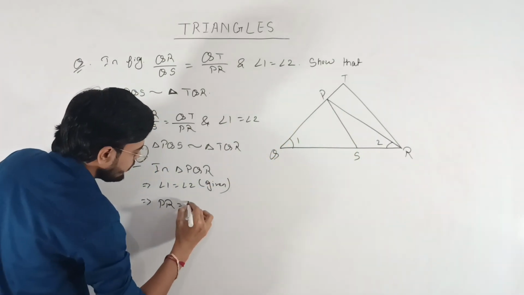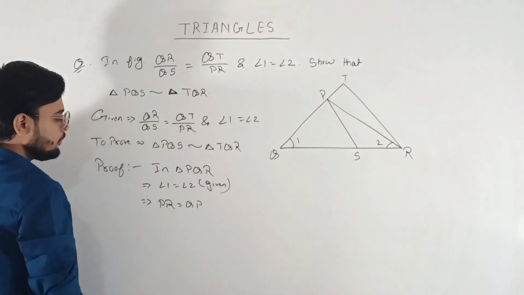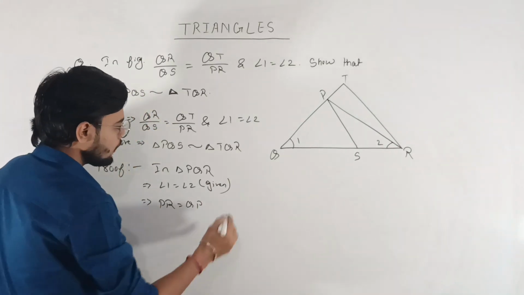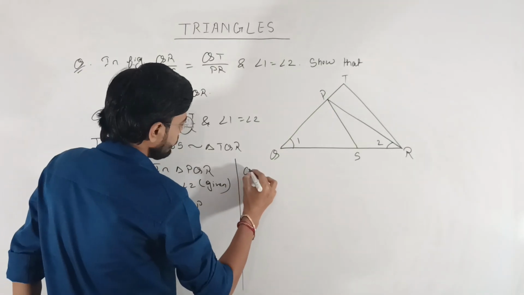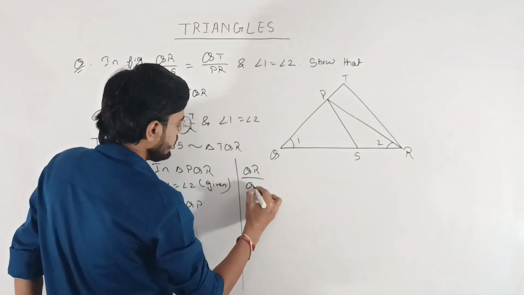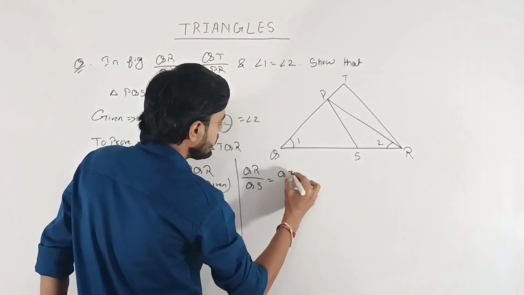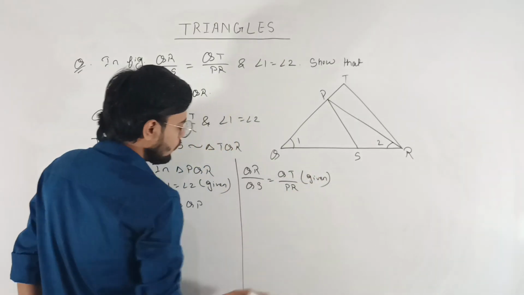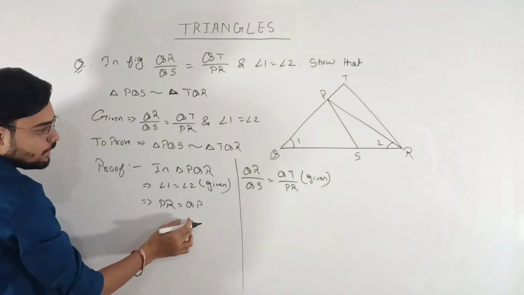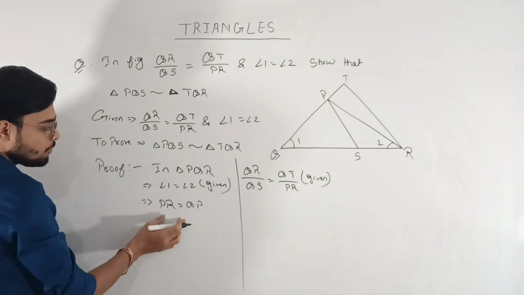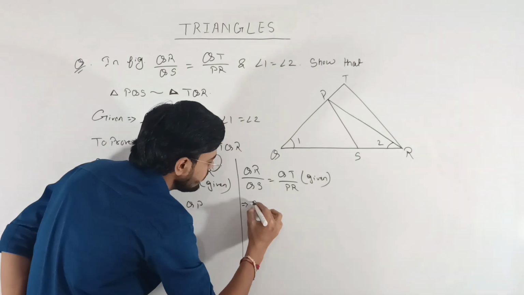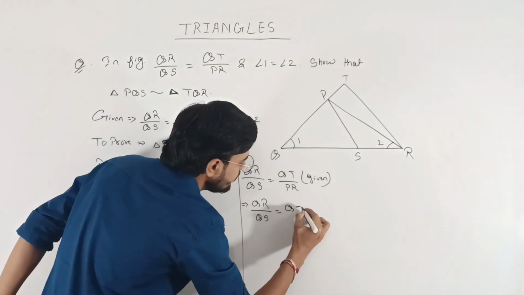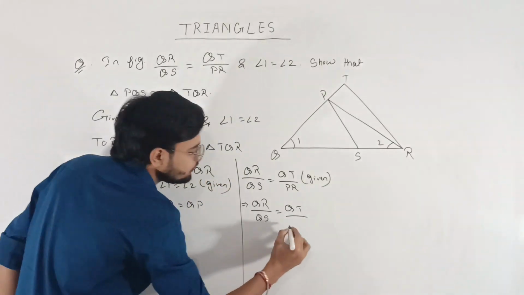Now this is given: QR upon QS is equal to QT upon PR. Now write it here. QR upon QS is equal to QT upon PR. In place of PR we write QP because they both are equal. So from here, QR upon QS is equal to QT upon QP.